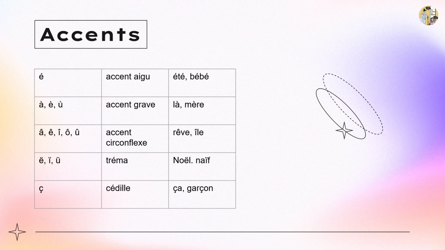For example, there is rêve or île. Fourth, tréma. It only applies to E, I, and U. For example, there is Noël and naïf. Lastly, there is cédille. It applies to C. For example, there is ça or garçon.